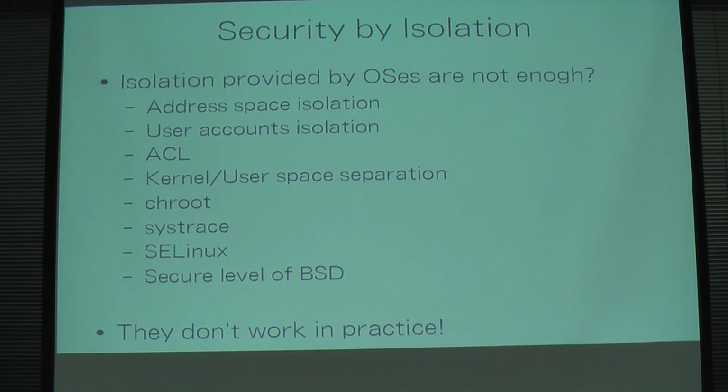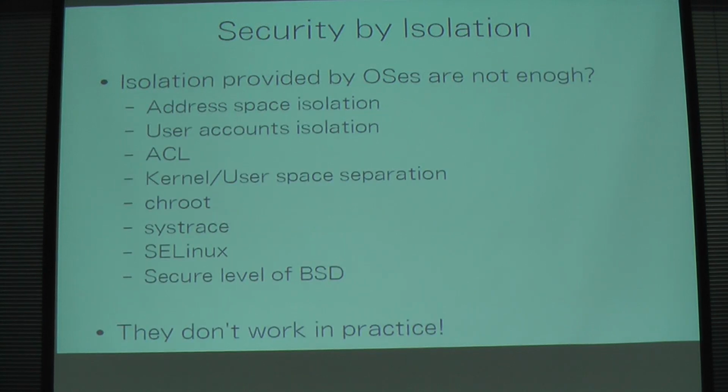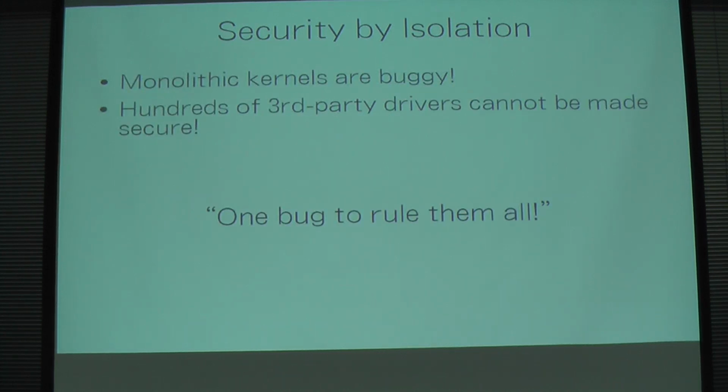But they don't work in practice, because if the kernel contains some bugs and an attacker exploits them, all those mechanisms will not work. Monolithic kernels are buggy, and hundreds of third-party drivers run on these buggy kernels, so they cannot be made secure.